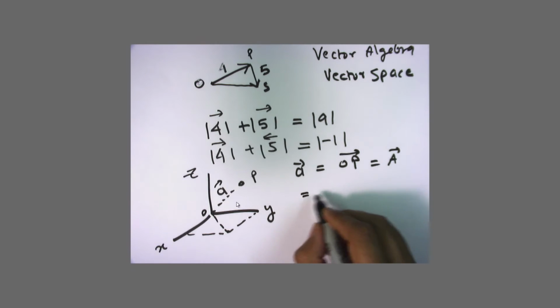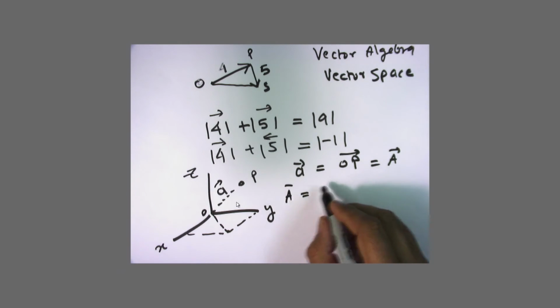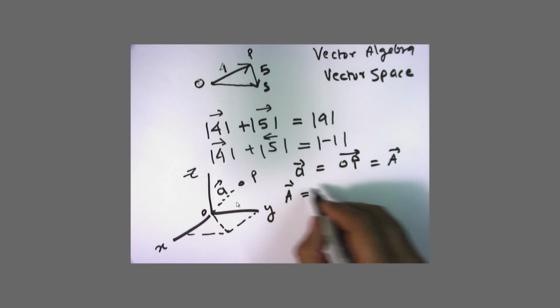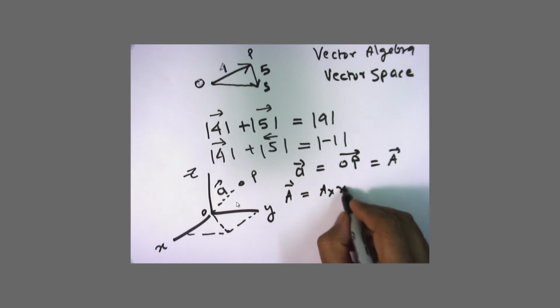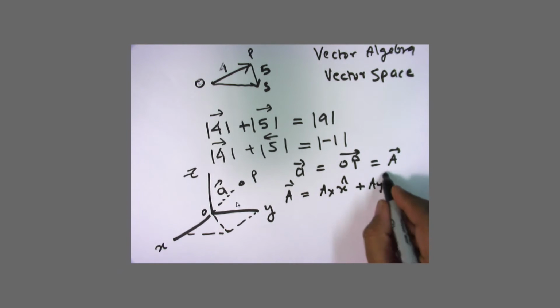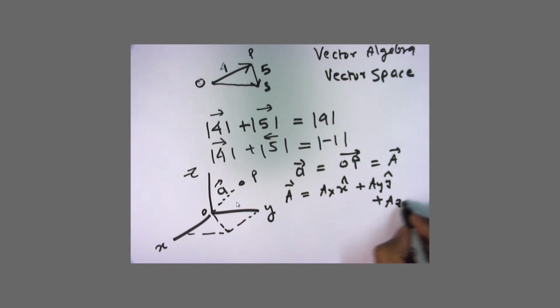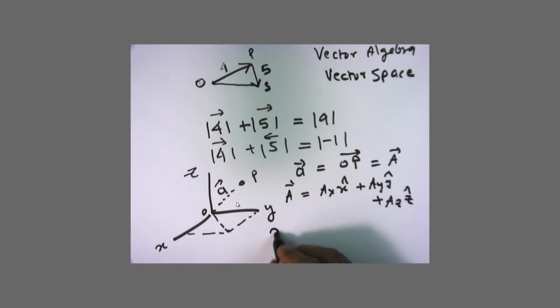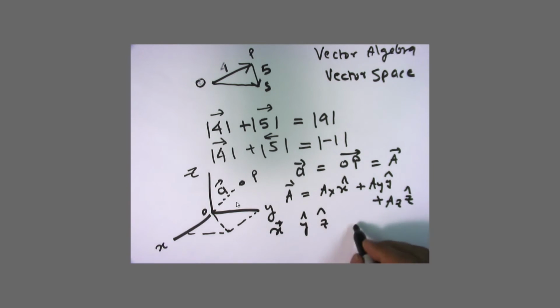Then we are looking at A has component in all three directions. So, that is AX x cap, and I will tell you AY y cap and AZ z cap. Now, x cap, y cap and z cap are unit vectors.